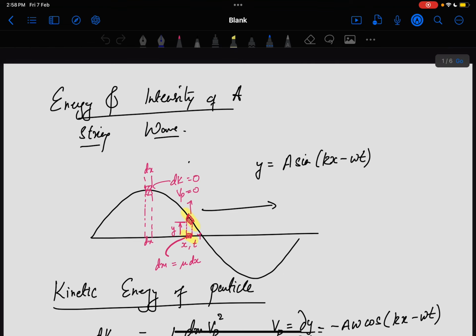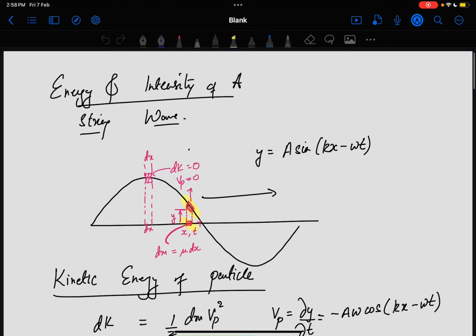Now we notice that there is the wave which is moving to the right side over here, as can be seen, right? And therefore we are considering a particle.